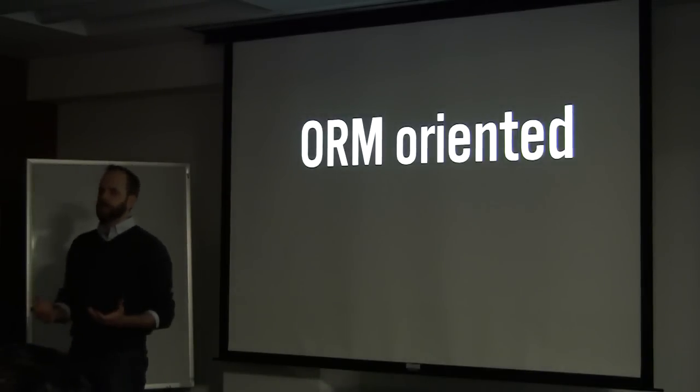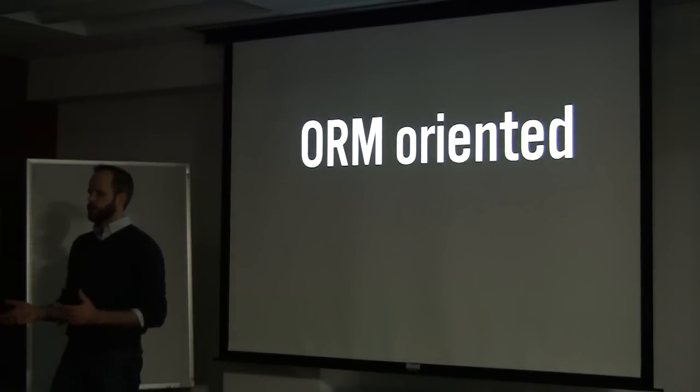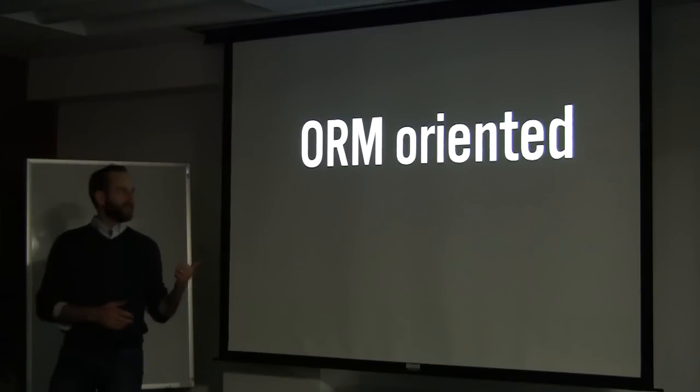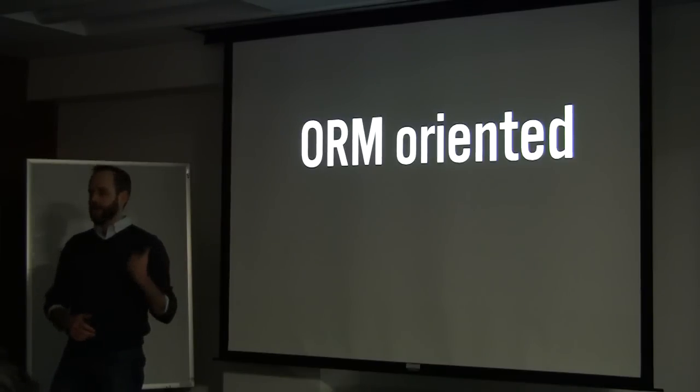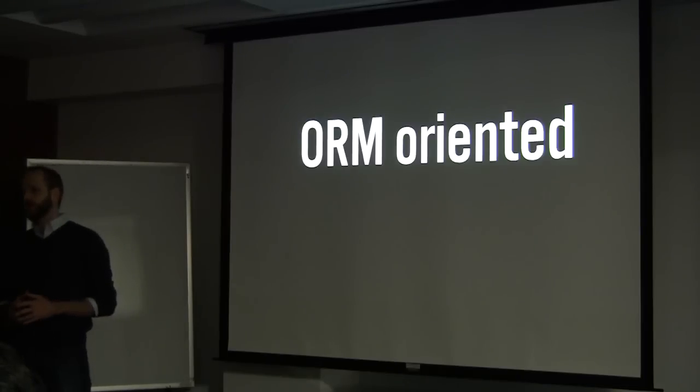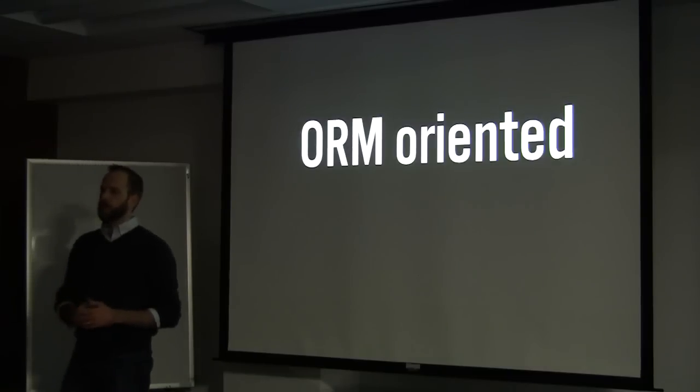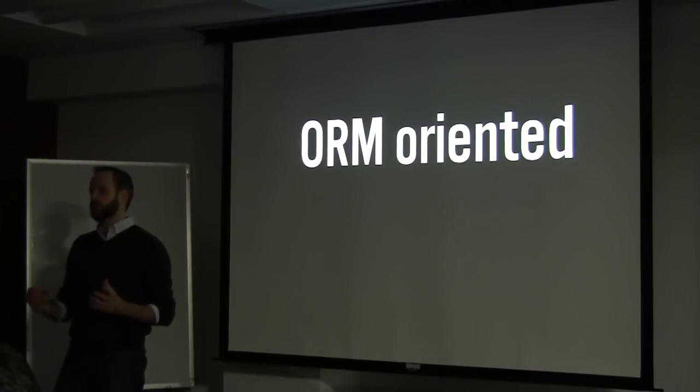And Haystack lets you do that in a way that's a little bit more familiar to a Django developer. So this is a takeaway and a gotcha. Haystack is ORM-oriented, and that means two things. One, it's easy to think of it kind of like another model mapping, just like the ORM, but it's doing something different.